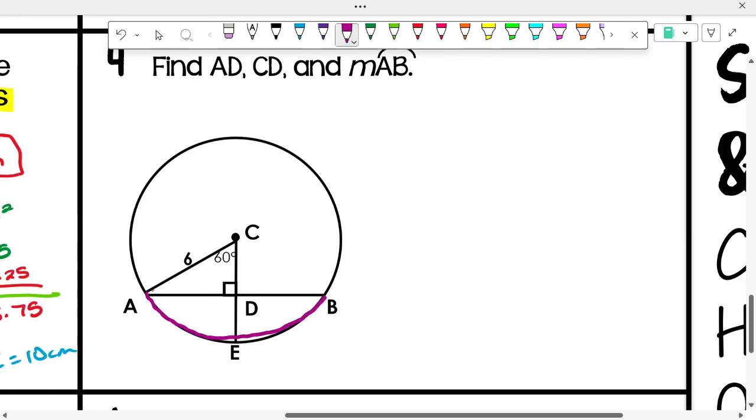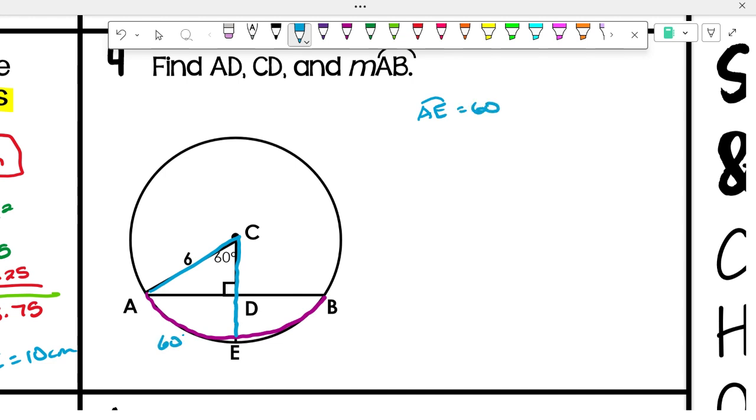Can't we find a piece of this arc because of this angle right here? What type of angle is that? It's a central angle. So that means AE would equal what? 60. It splits the arcs in half, so these two pieces are congruent. So EB is also 60. So what's the length of AB? 120.